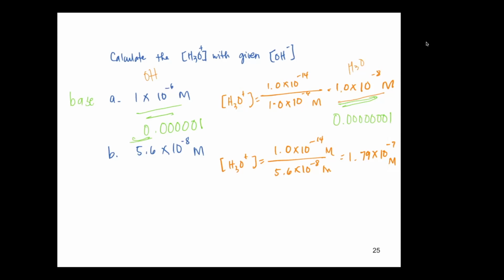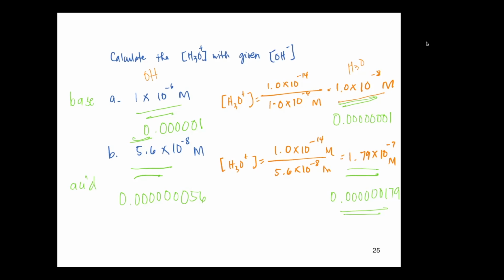For the second example, the H3O concentration is greater compared to OH. In expanded notation, we have here 0.1, 2, 3, 4, 5, 6, 7, and then this one, 1, 2, 3, 4, 5, 6, 7, 8. So the H3O concentration is still greater in expanded notation. That is why if H3O is greater than OH, we can consider this compound as an acid.